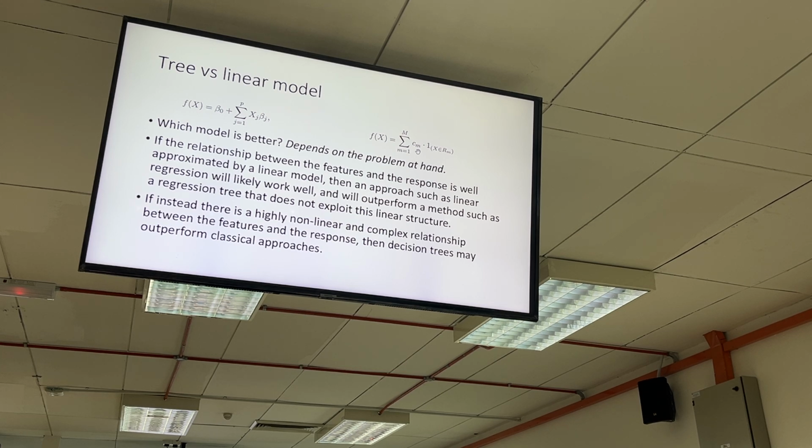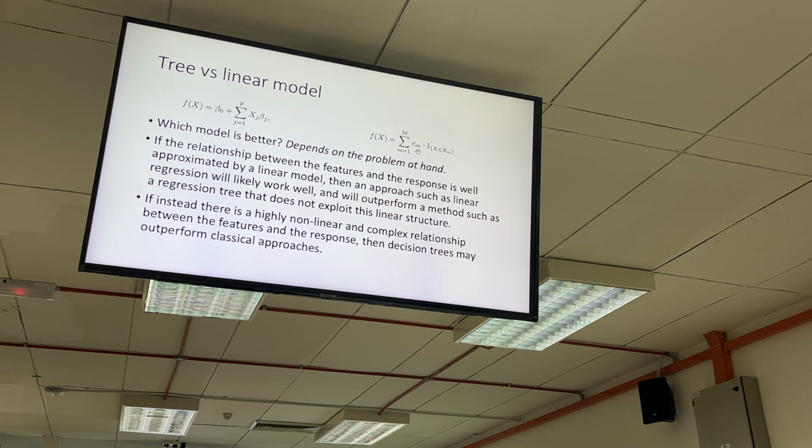So let's say you are considering between linear regression and the regression tree. You can just run them both and see which one is actually better. And even when you run the decision tree, you can have many kinds of decision tree. You can have a full decision tree, a pruned decision tree, or a random forest, and so on.